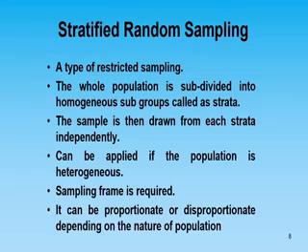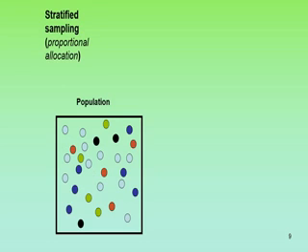As this cannot be done otherwise, we have to look into stratified random sampling. I have here some animation which will make the thing clear. Like we have proportional allocation.